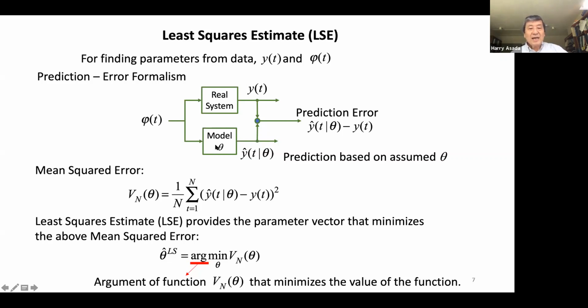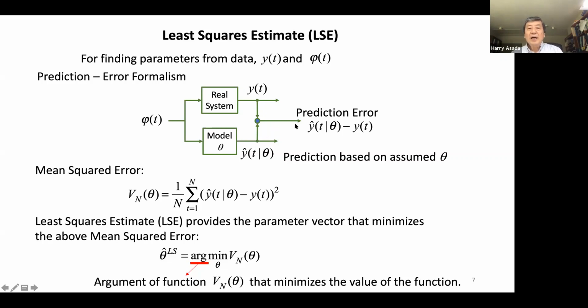At the same time, you have a model in which some parameters theta are involved. Based on your estimate of parameter theta, you can produce some output y hat. And based on these two, the real measurement and the estimated one, you see some prediction error.